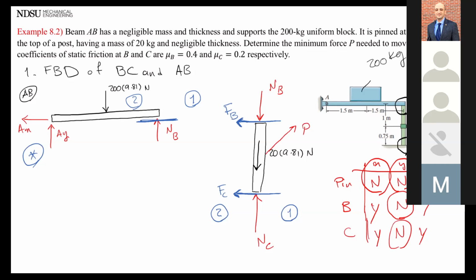I see more ones. Aren't they the same force no matter which body you have? Yeah, it's the same force, but it's on two different bodies.